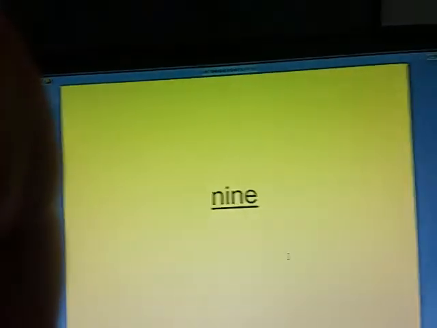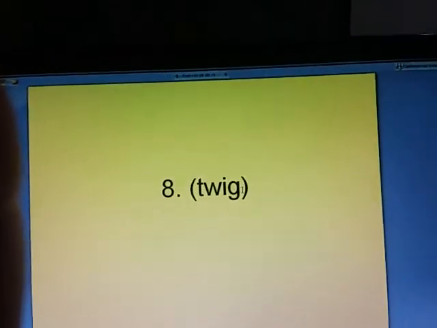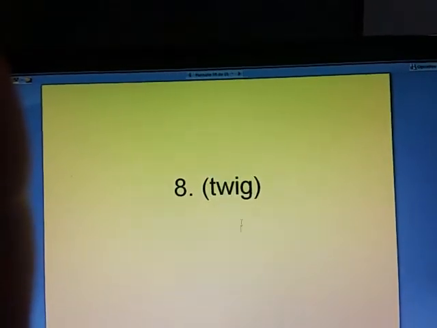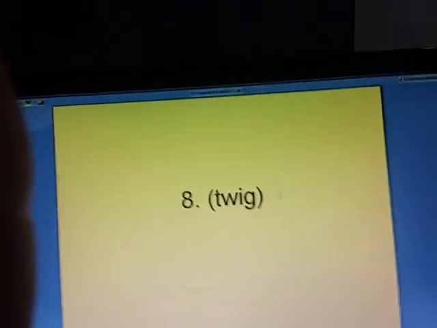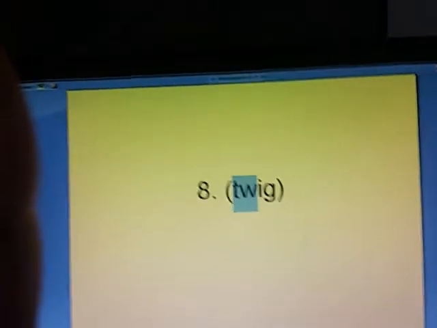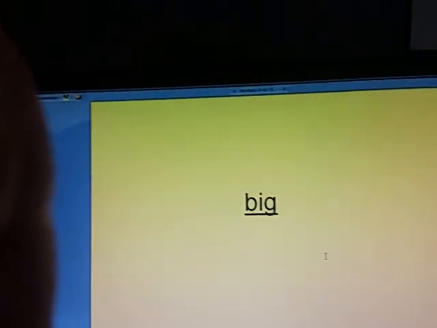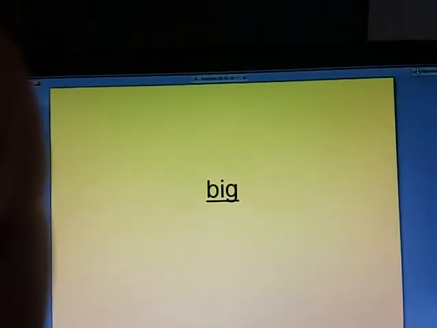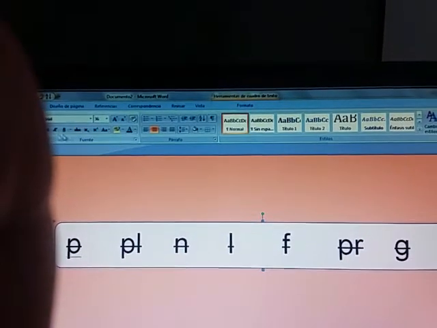We can move on to the last one. Number 8. It says twig. And the definition says large. What is something large? Oh, that's easy. Instead of TW, let's use letter B and say big. Big. Alright, we're done. I'll cross out the last one.